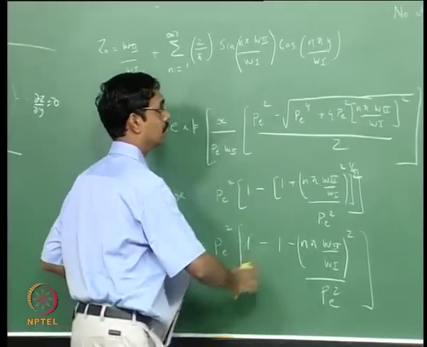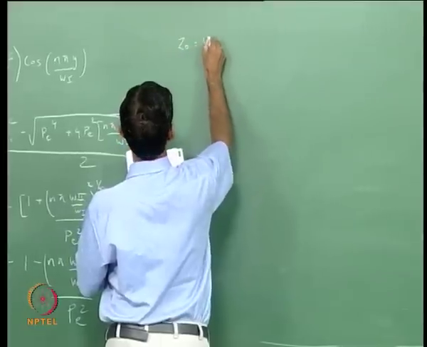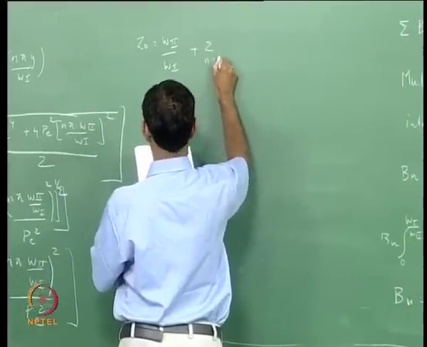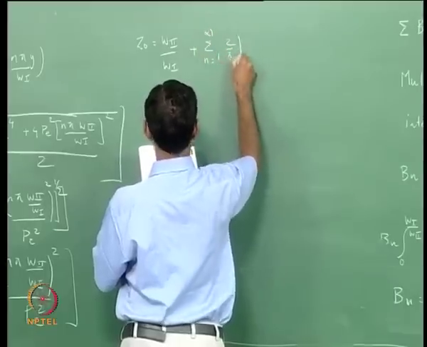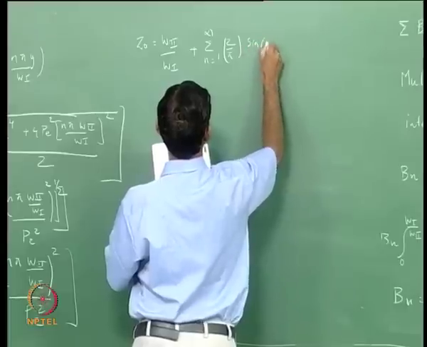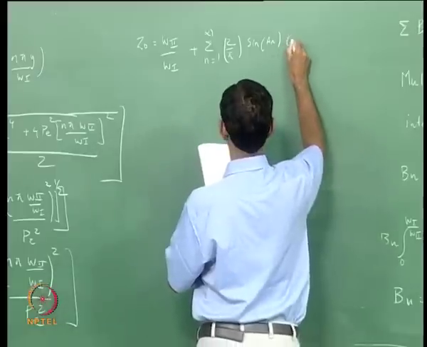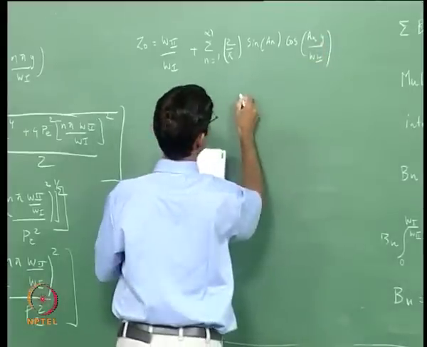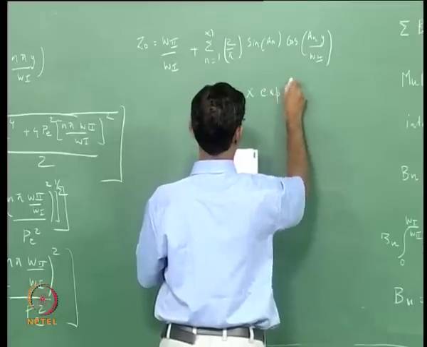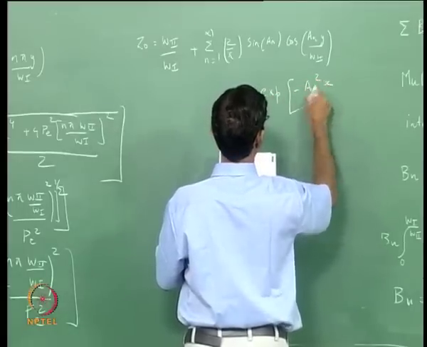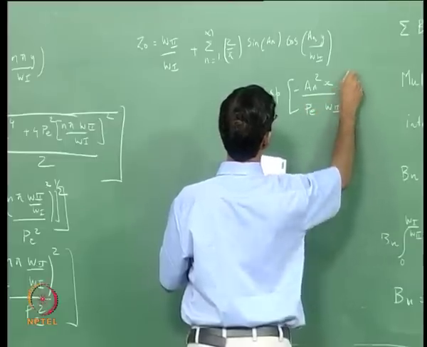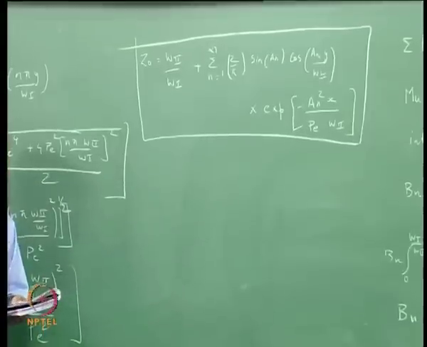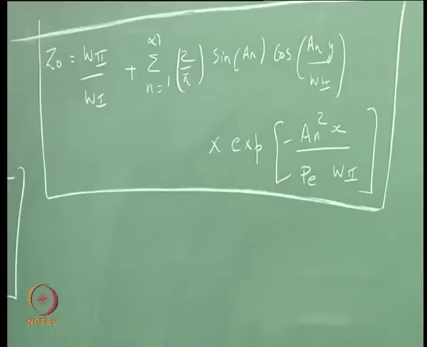So, therefore, our full solution is the solution for the steady part of the Z function.